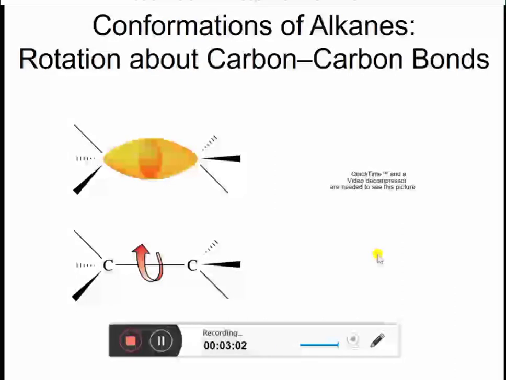But today our topic of discussion would be mostly based on the conformational analysis of the cyclic system. We already know about the acyclic system, so I don't want to go into that detail.